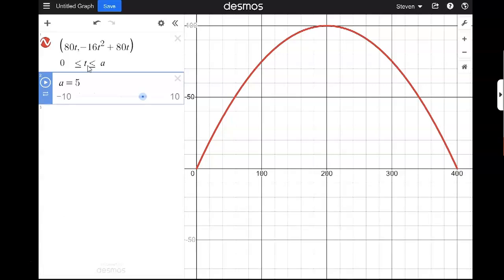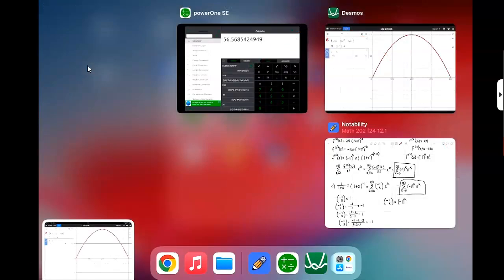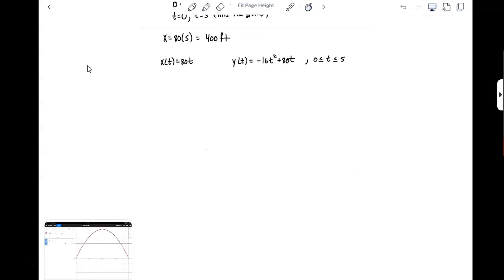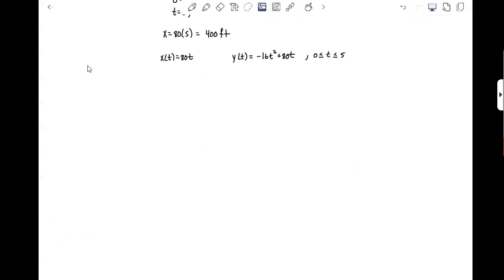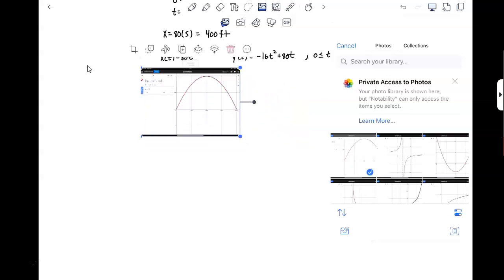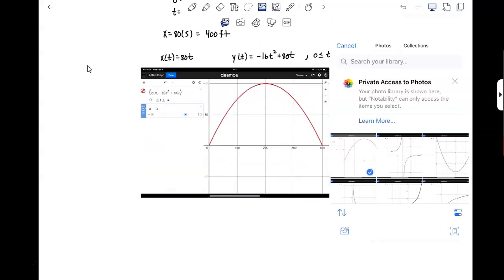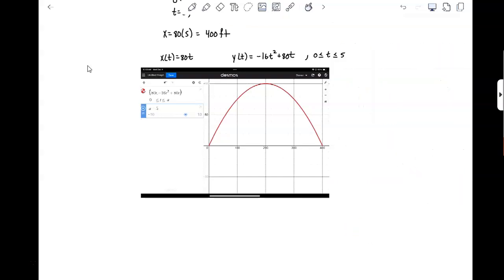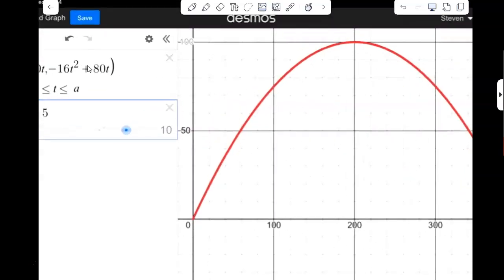Okay, so this is something that's new with parametric equations that didn't exist when we looked at graphs for xy equations. And that is that parametric equations introduce a direction of motion. They represent a direction of motion.